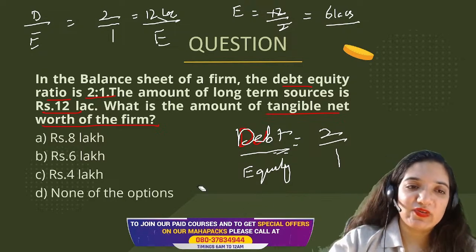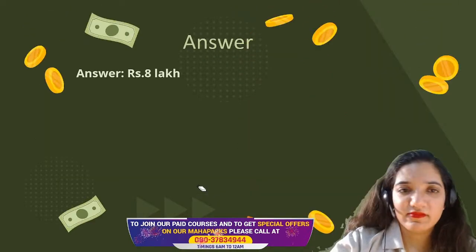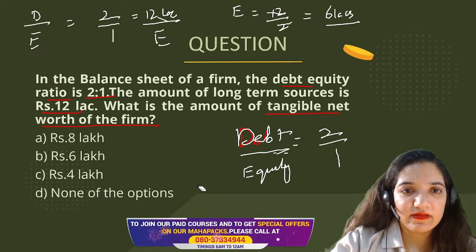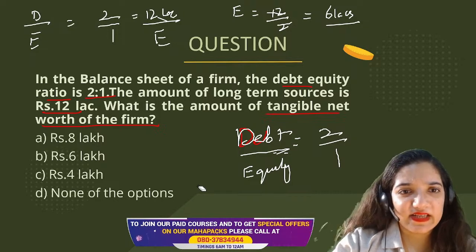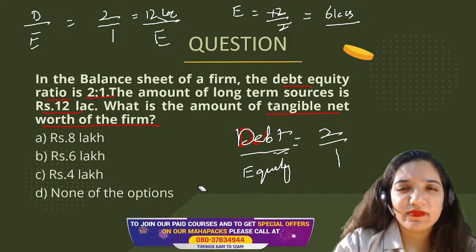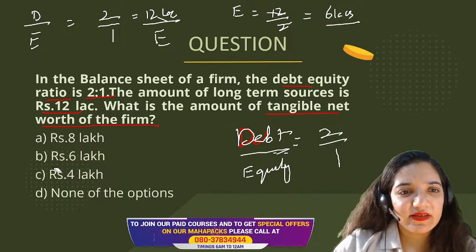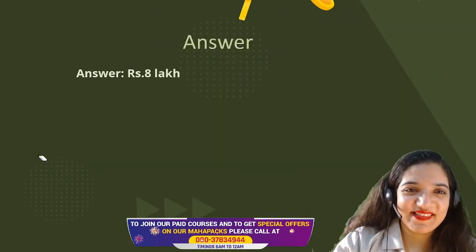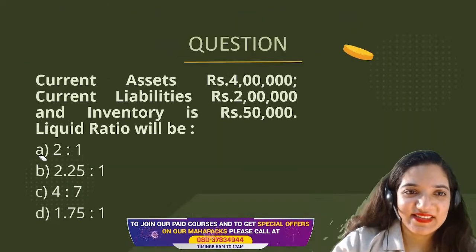So in this case, what's going to be the correct answer? The equity portion is going to be 6 lakhs. Yeah, it is going to be 6 lakhs only. The answer is wrong there. Okay, it is 6 lakhs.